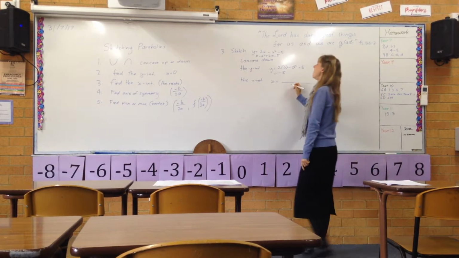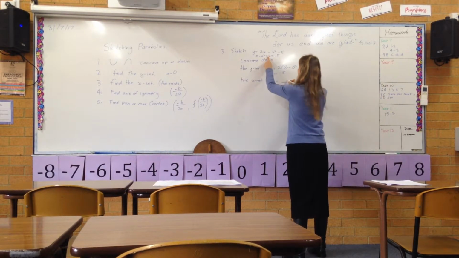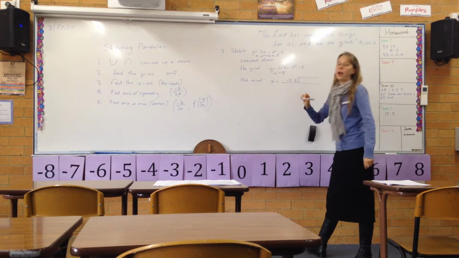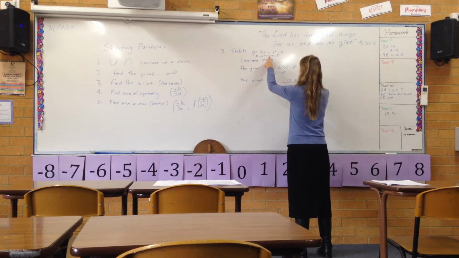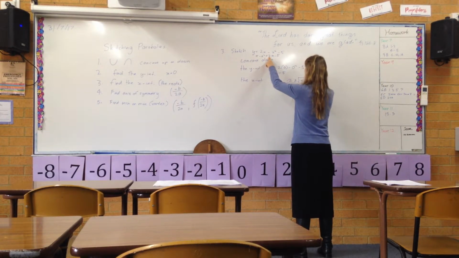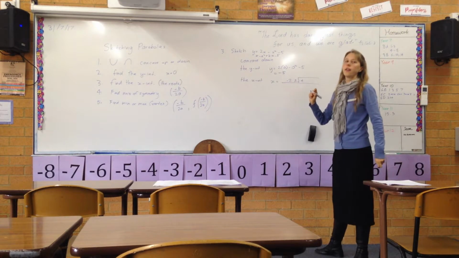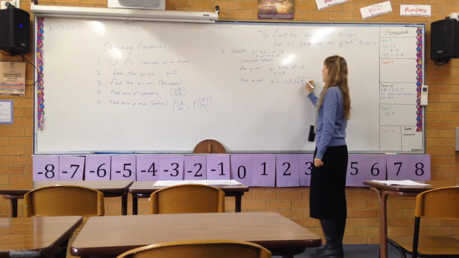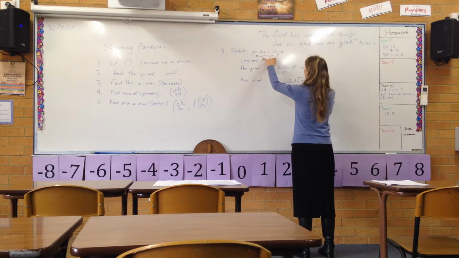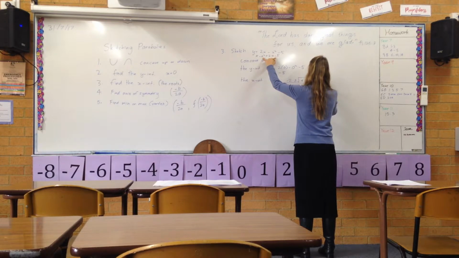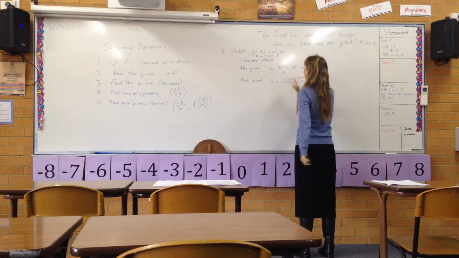Okay, minus b, so minus 2, plus or minus the square root of b squared minus 4 times a, which is minus 1, times c, all over 2a.